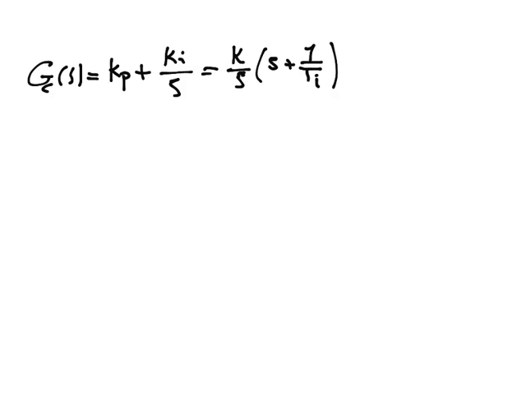This Ti depends, the value of Ti here depends on the values of Kp and Ki for sure. So we have a zero for the compensator at minus 1 over Ti, and we have the pole of the compensator at the origin.